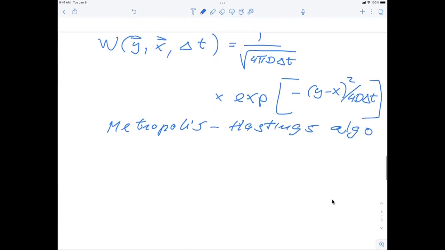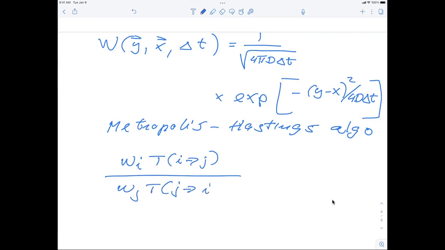And in this case, we now have a model for this W, and we could say that this is now my transition probability. So what I would have is that my acceptance ratio, which I need to evaluate, is this Wi multiplied with this T of i going to j, divided by Wj times T of j going to i.